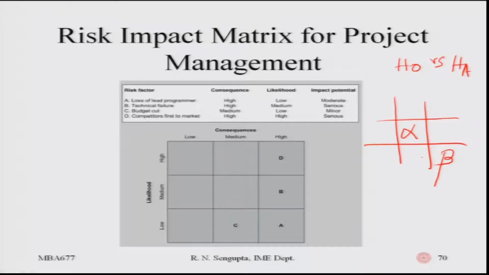So, generally we know them as type 1 risk and type 2 risk, alpha and beta. Now, the example which I am going to give may not be very directly relevant to project management work as such, but it will give you a good idea of how the concept of probabilities and hypothesis testing can be utilized.